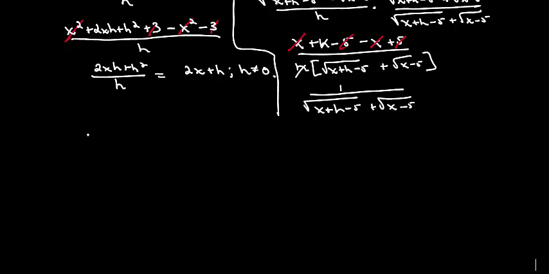Okay, so the last one is k, the difference quotient for k. So that'll be k at x plus h minus k of x all over h. And so we've got to go ahead and compute that. So let's evaluate this. Well, k at x plus h is x plus h over x plus h minus 2.